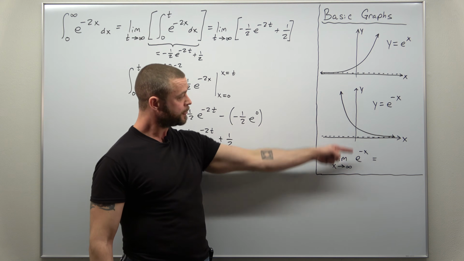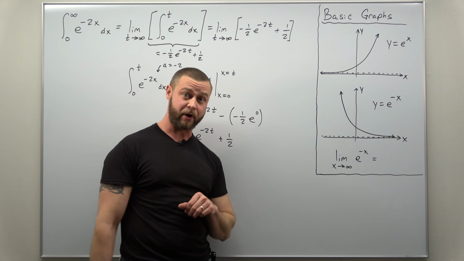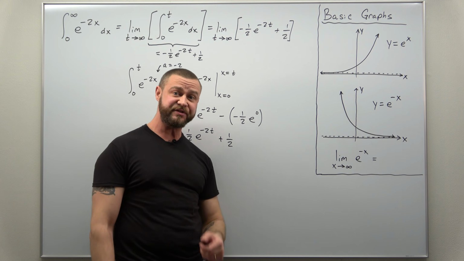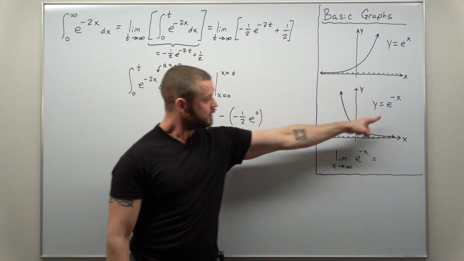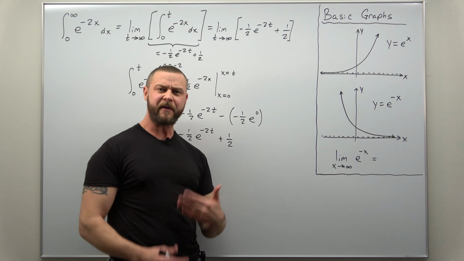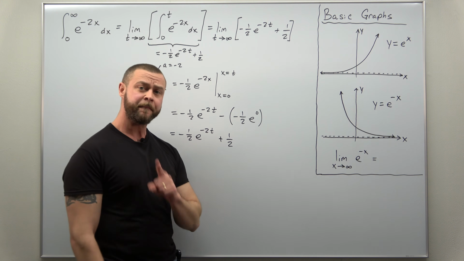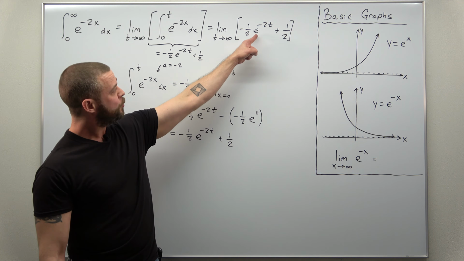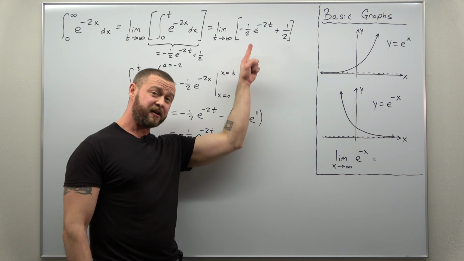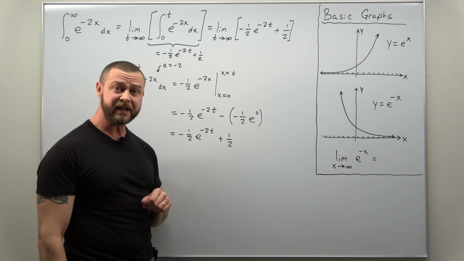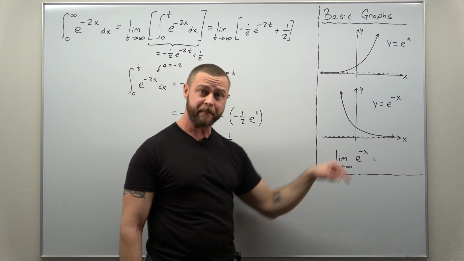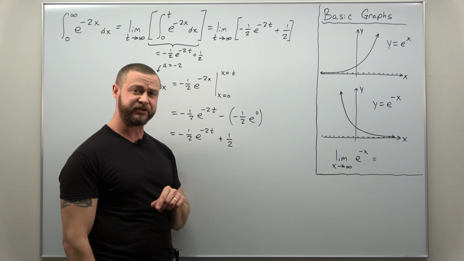So over to the side here, like I would at the beginning of class when we cover improper integrals in my course, I just outlined the basic graphs that we're going to see: exponentials, negative or decreasing exponentials, natural logs, very common functions like you might have seen in your pre-calculus course. The one we want to look at is e to the negative 2t. Even though the variable here is t, but here it's x, it's the same basic shape. Your graph of e to the negative 2t has this same shape. It just decays a little faster.